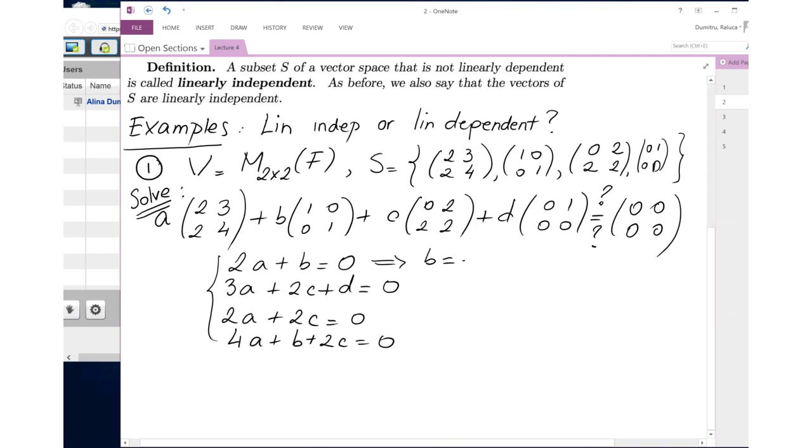Let's transfer everything in terms of a. b is negative a.